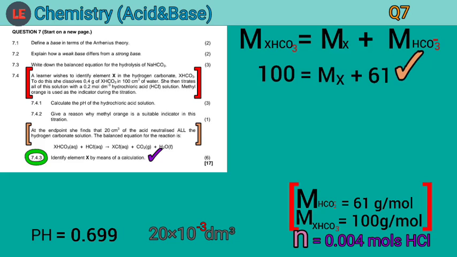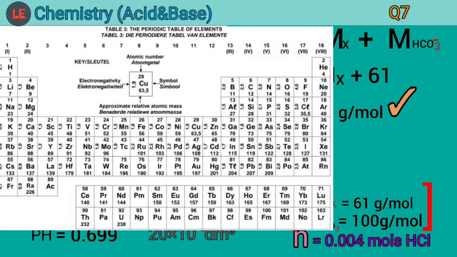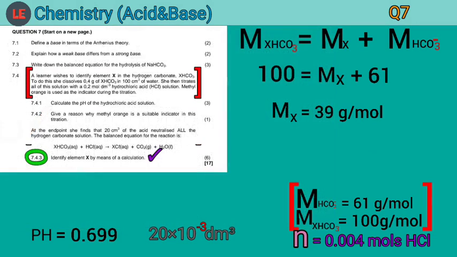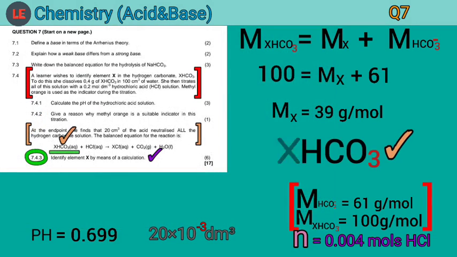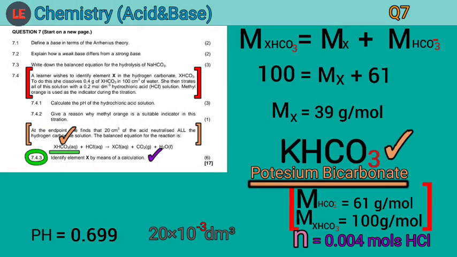By so doing, we get the molar mass for element X to be 39 grams per mole. Then, take this 39 to a periodic table to see which element we were looking for. That element seems to be potassium. As now we know element X is potassium, this substance in full will be potassium bicarbonate.